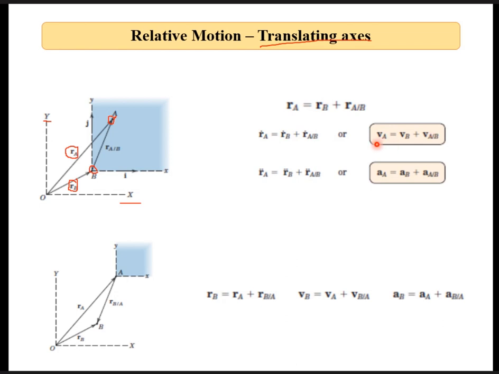So the velocity of A will be equal to the velocity of B plus the velocity of A relative to B. Similarly, if you take the double derivative with respect to time, the acceleration of A is equal to the acceleration of B plus the acceleration of A relative to B.